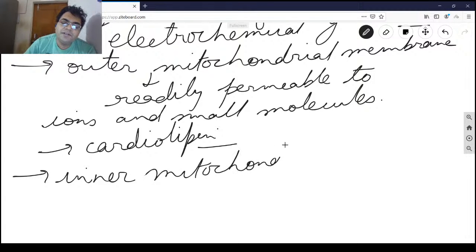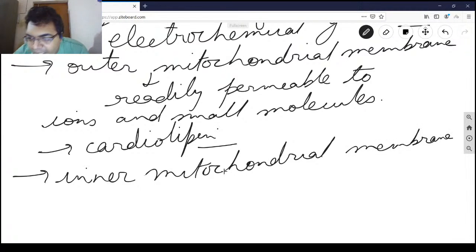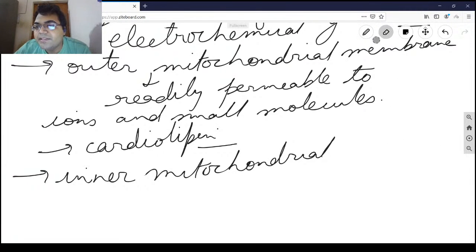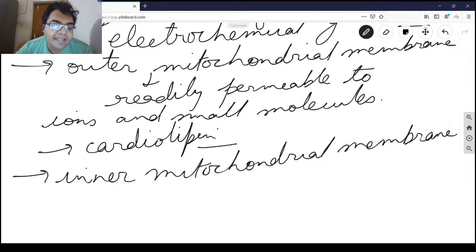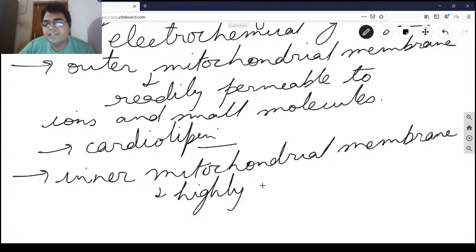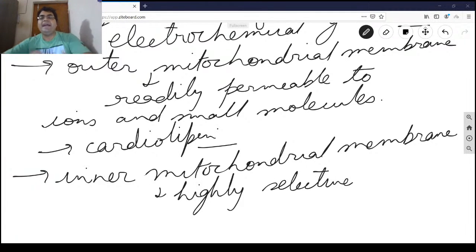The inner mitochondrial membrane is highly selective. It doesn't let any random ion or molecule cross through it.